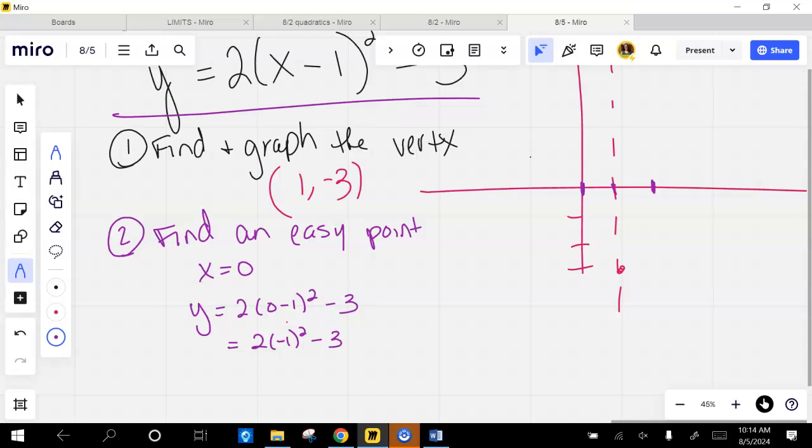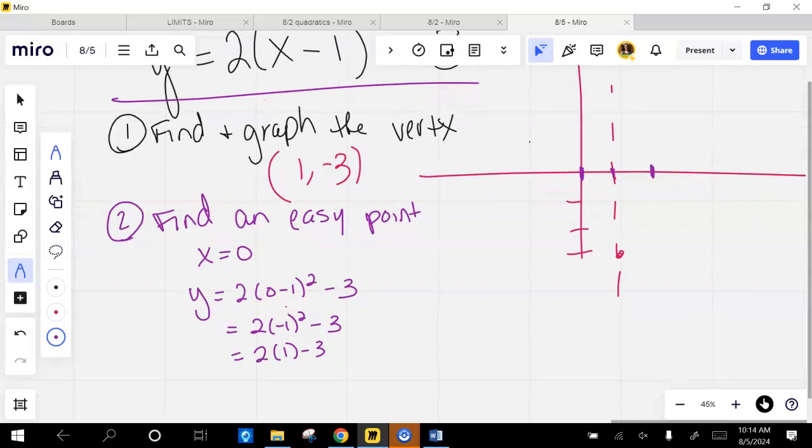So -1 squared is +1. Next comes multiplication and division. So 2 times 1 is 2. Now I can subtract. You don't have to show quite that much work, but just to show you where it comes, because everybody wants to square first or multiply first. But make sure you're following order of operations here.